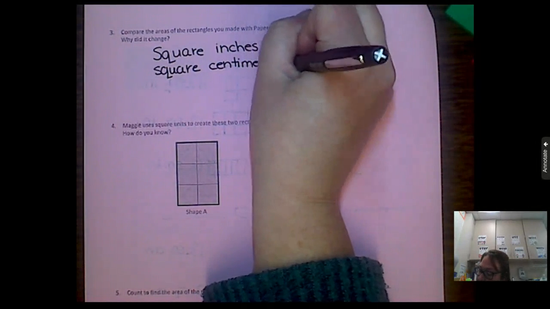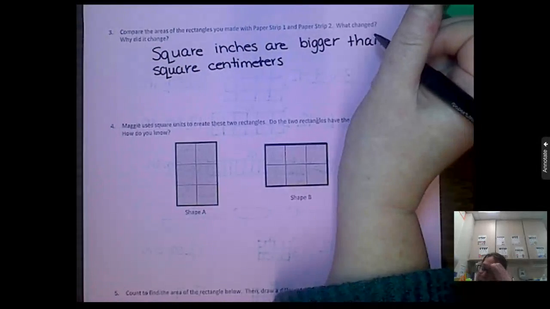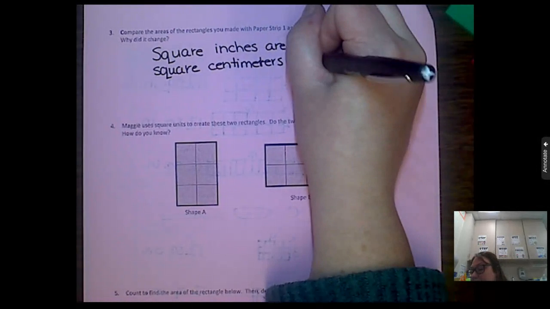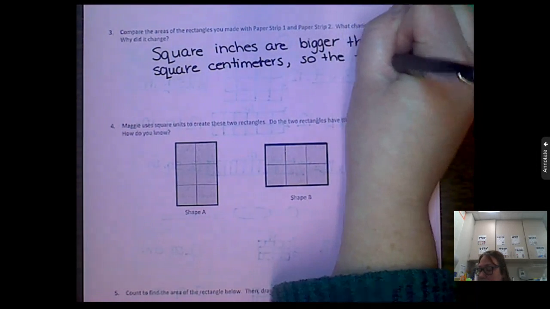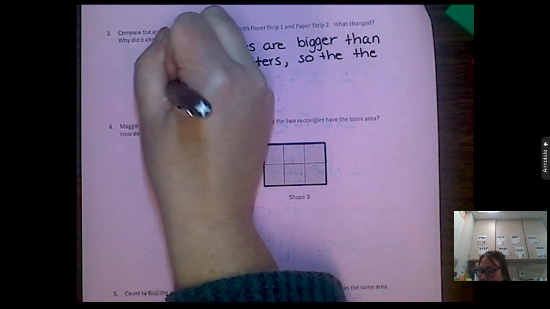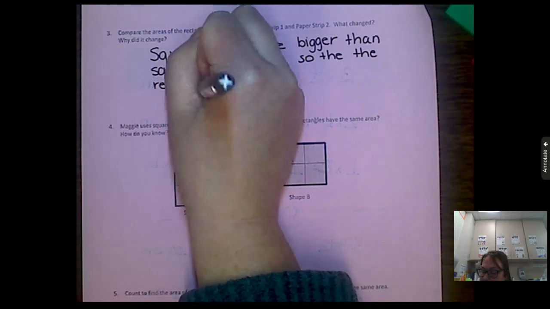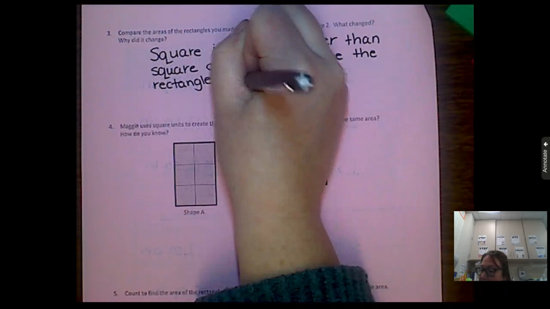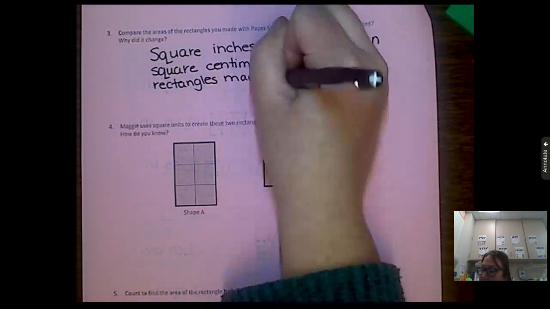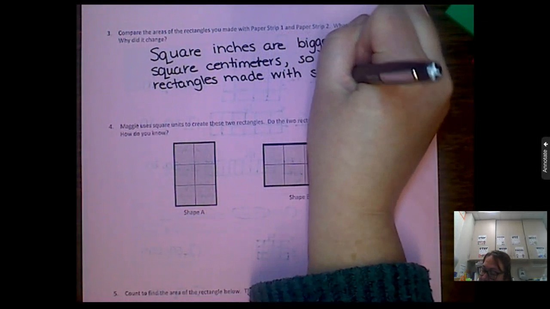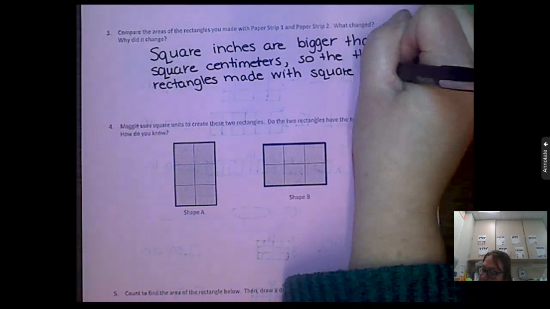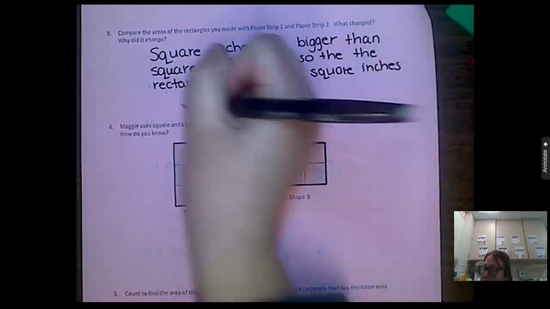Square inches are bigger than square centimeters, comma. So the rectangles made with square inches are bigger, right?